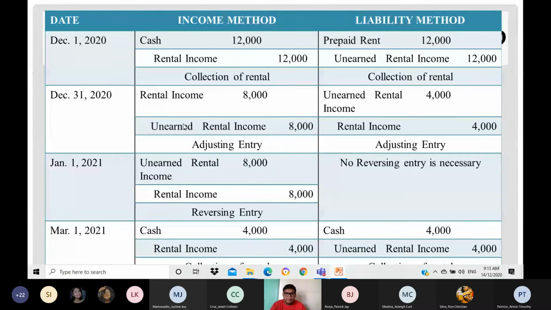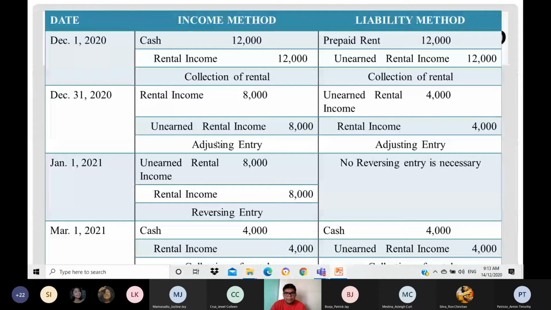You received the money but you haven't earned it yet. Hence it's called unearned. So this is the adjusting entry.